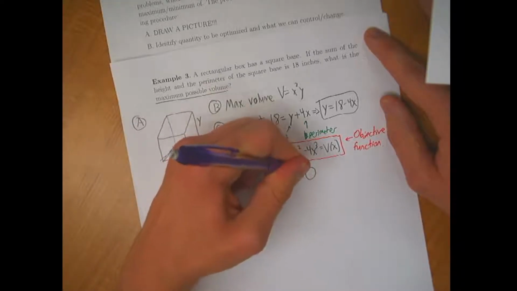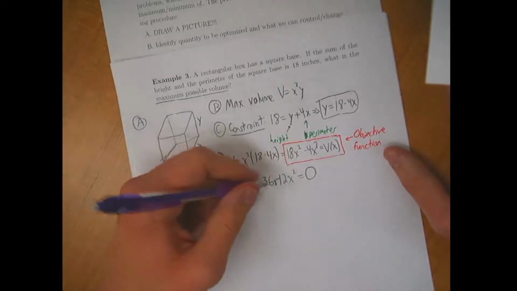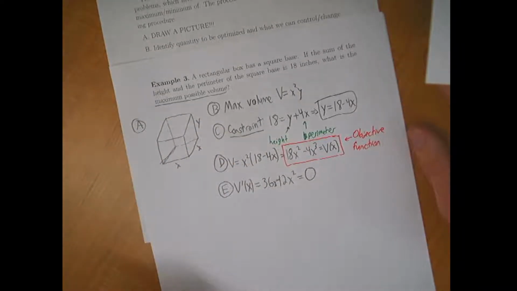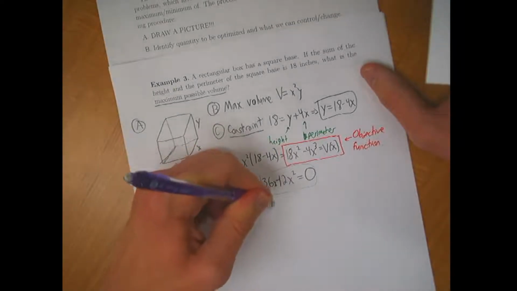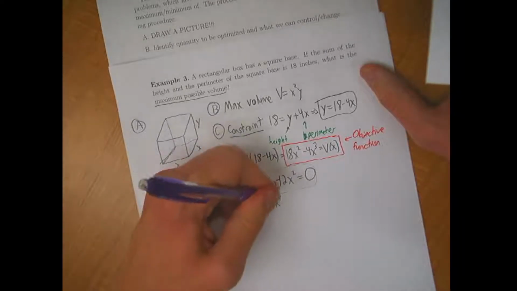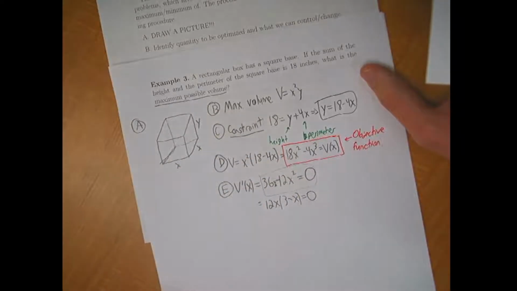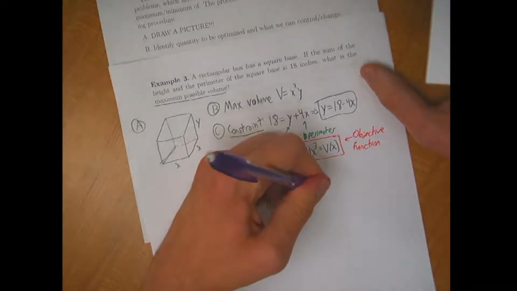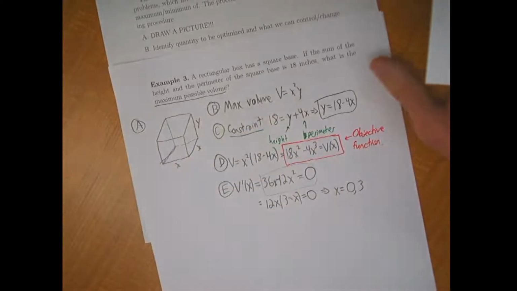If we set this equal to 0 and factor out the necessary things, the two values of x that solve this equation are what? 0 and 3. Because if you factor out 12x times 3 minus x and set it equal to 0, x equals 0 and 3.